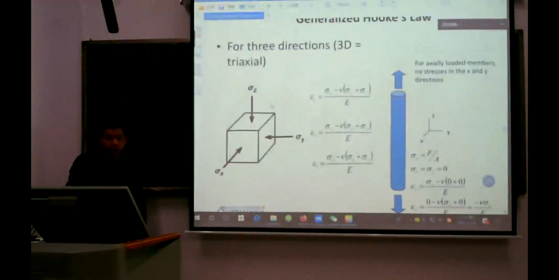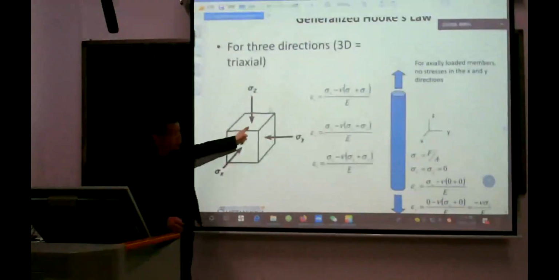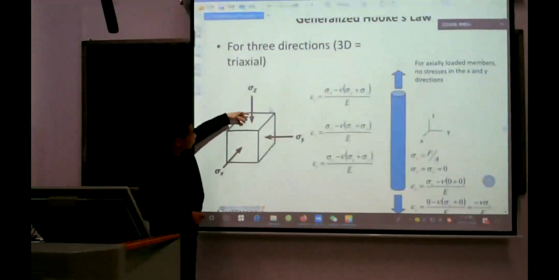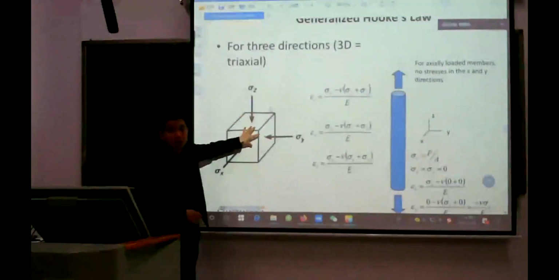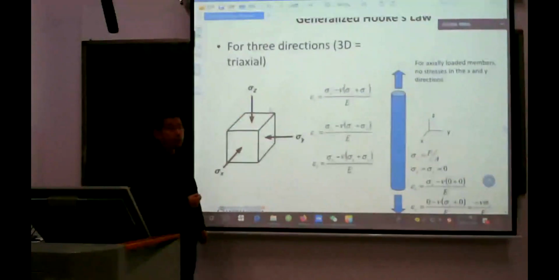Suppose the body is loaded in 3 directions, perpendicular to each other.